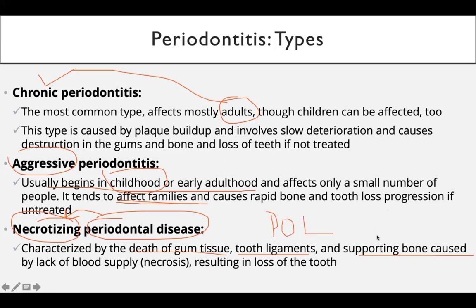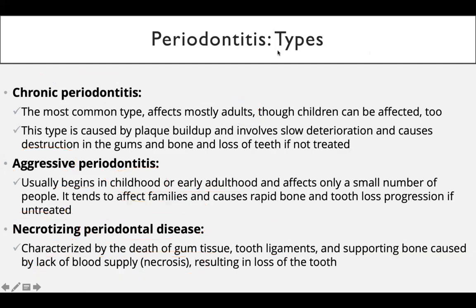And the supporting bone is alveolar bone, right? And wherever there is necrosis, one of the main reasons is lack of blood supply, resulting in the loss of tooth. It's very easy to remember. If you know the names, you can make up the information required. You can make up a medical story using medical terms, right? So chronic periodontitis, aggressive periodontitis, and necrotizing periodontal disease.